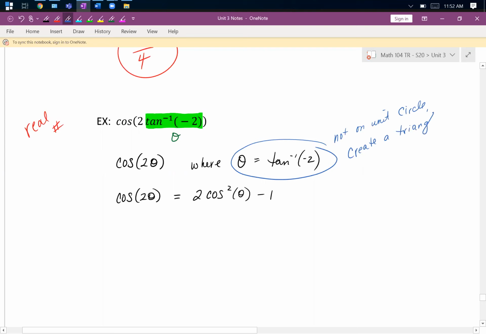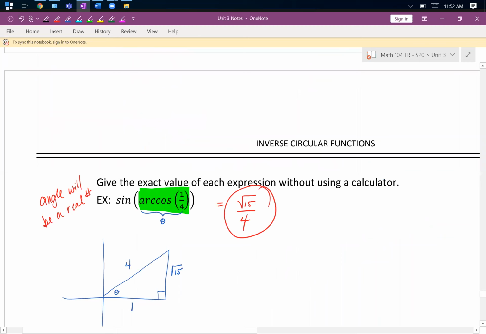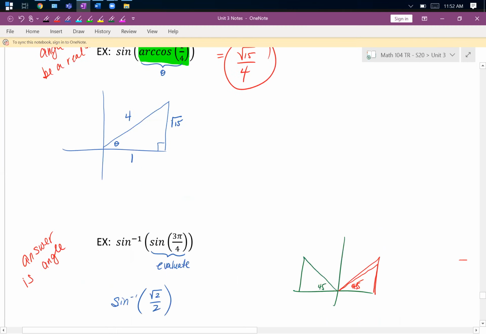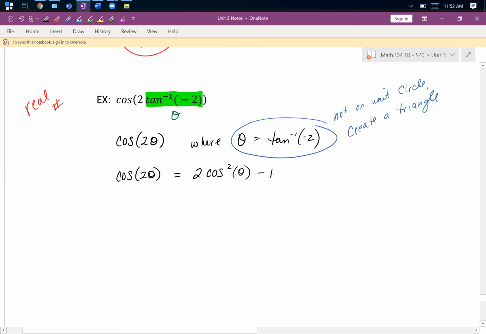So we're going to do exactly what we did up here in this first one. Tangent is negative, negative 2. We know tan inverse is only defined in the first and fourth quadrants, and out of those two, tangent is negative in the fourth quadrant.